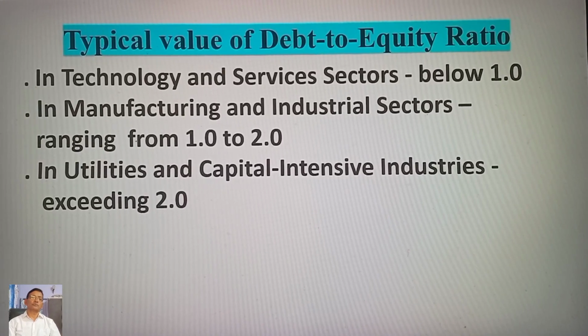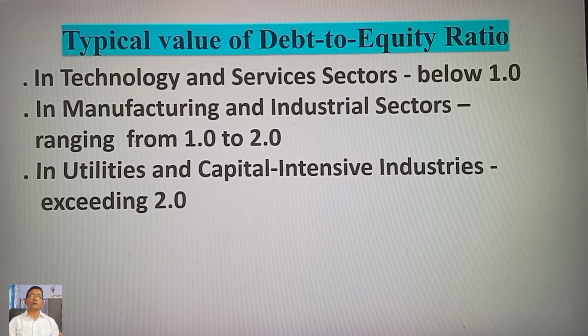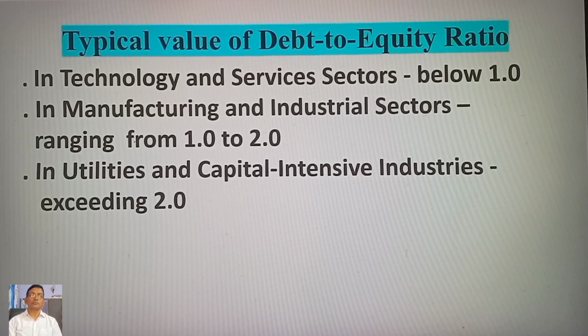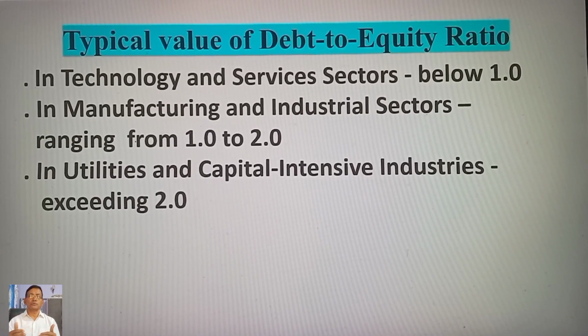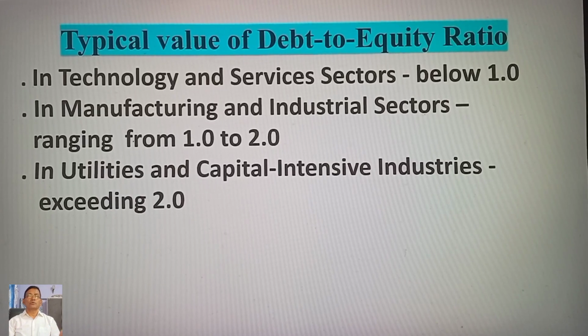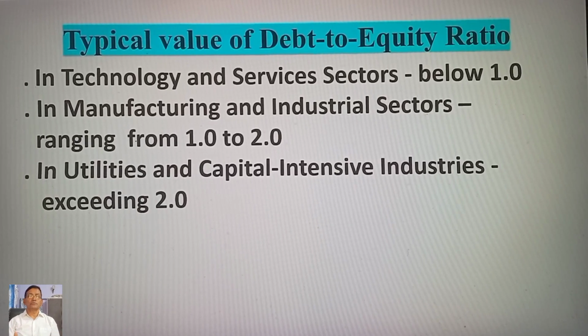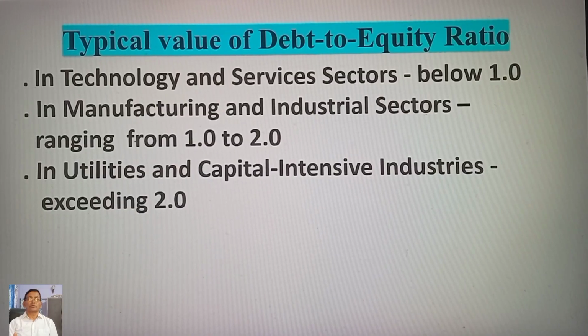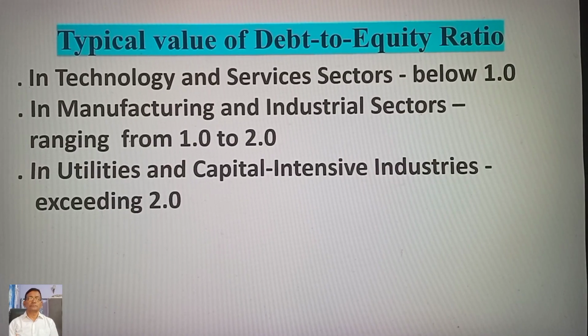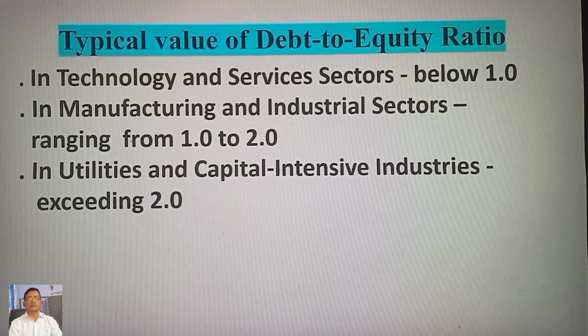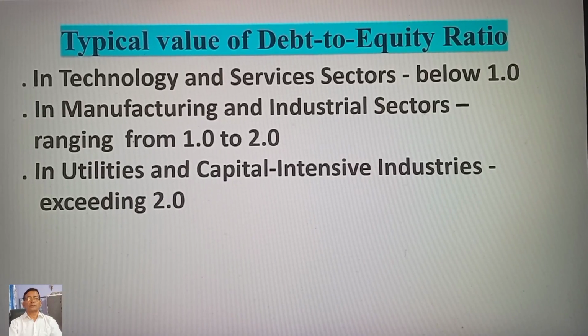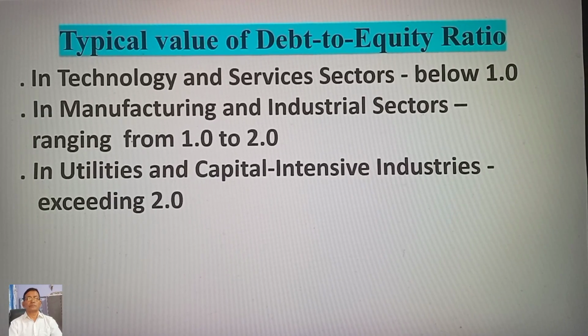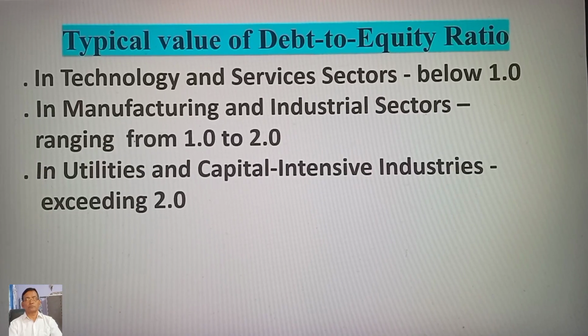In manufacturing and industrial sectors, the debt to equity ratio ranges from 1 to 2, reflecting higher capital needs for equipment and infrastructure. In utilities and capital-intensive industries, the debt to equity ratio typically exceeds 2 due to substantial investments in infrastructure and long-term assets.